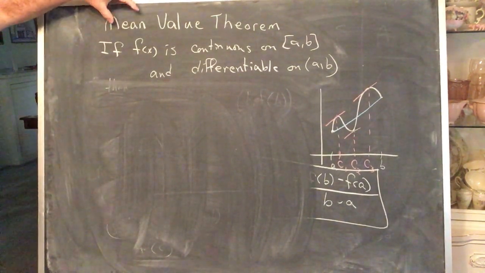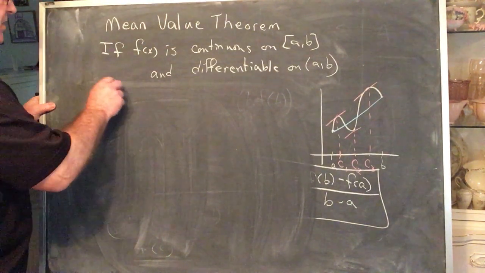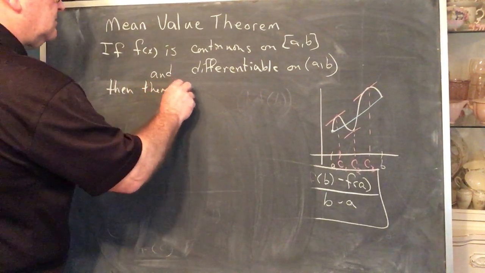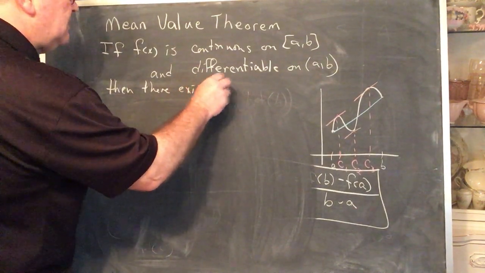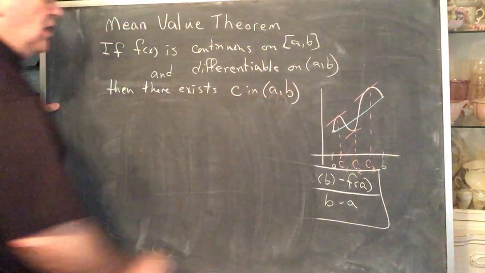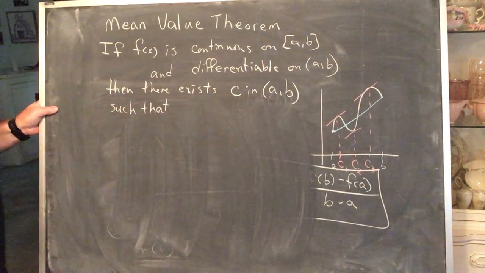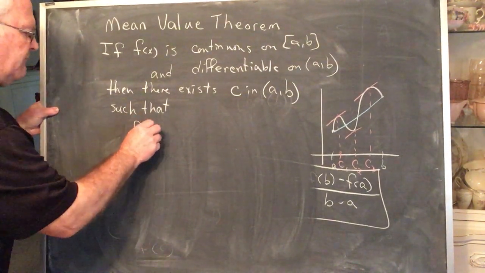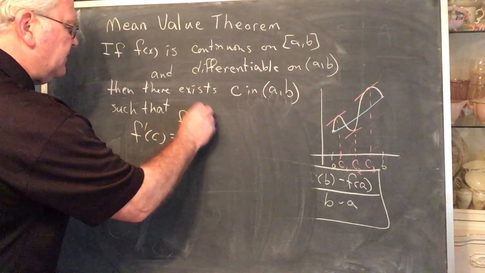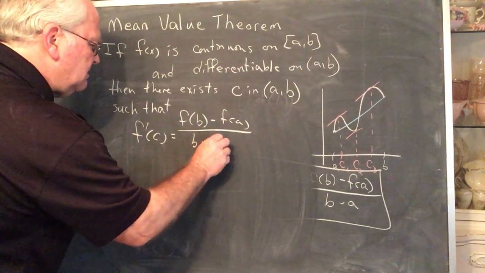The mean value theorem says, if the function is continuous on the closed interval and differentiable on the open interval, then there exists a c in the open interval such that, and the requirement is f prime of c is equal to f of b minus f of a over b minus a.